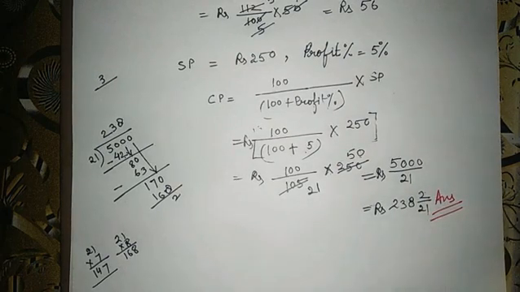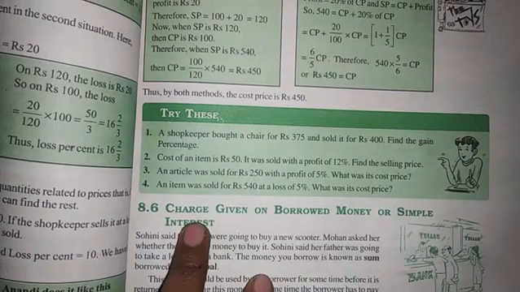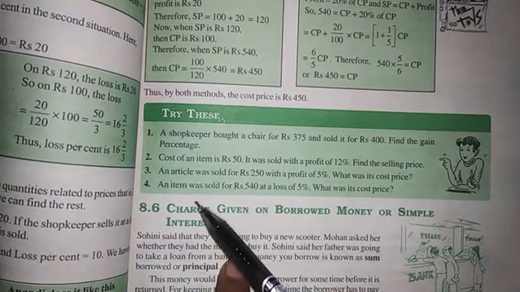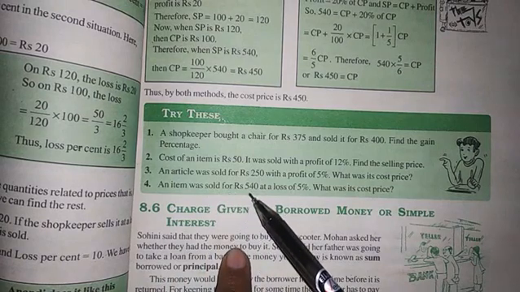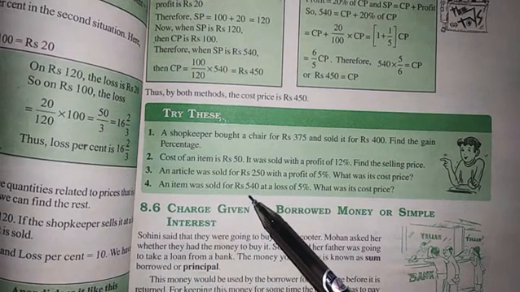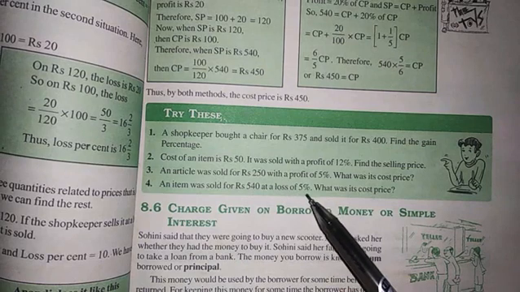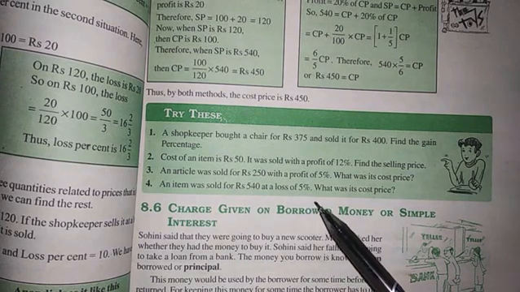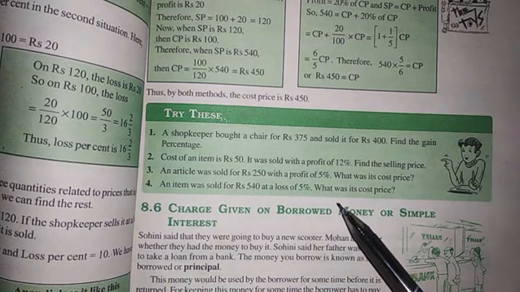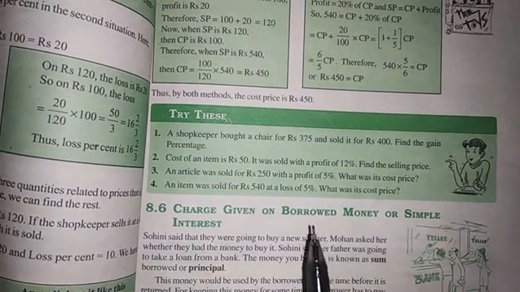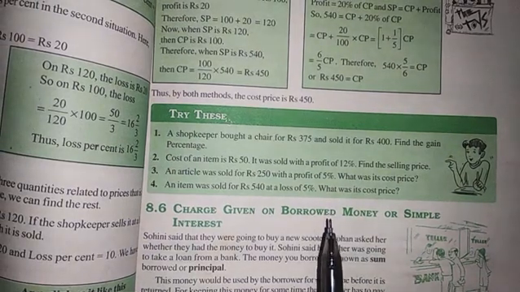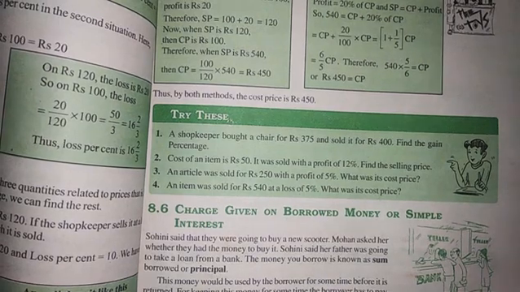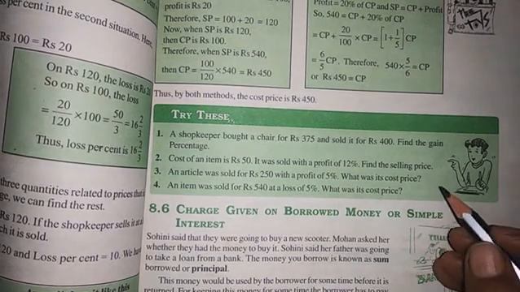Now let's solve the next question. Children, the question 4 is: an item was sold for rupees 540 at a loss of 5%, what was its cost price? Here, children, for this question you will use this formula.